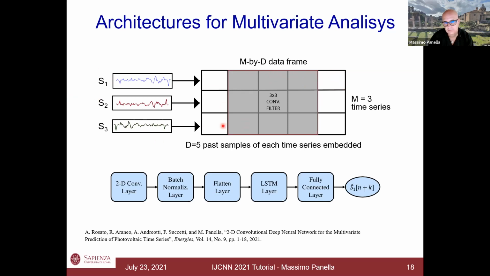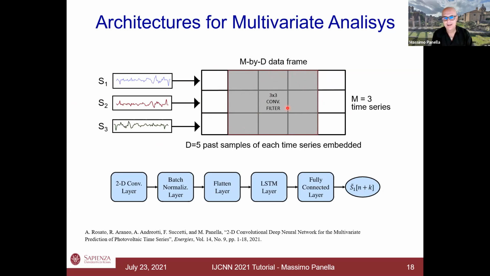The time series usually are timely aligned, and an embedding is possible here in each line, okay? And so the filtering of this convolutional layer, and then you can use, of course, more than one convolutional layer, can be used in order to extract the feature representing the aggregated relation or correlation among the input time series.